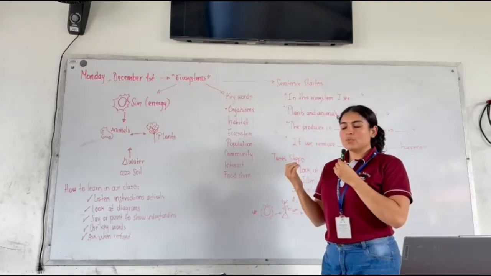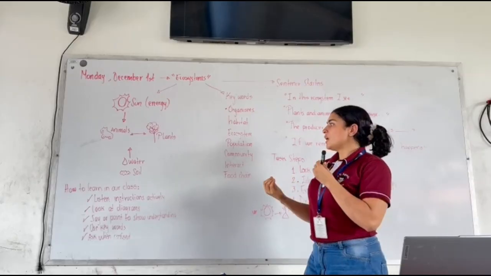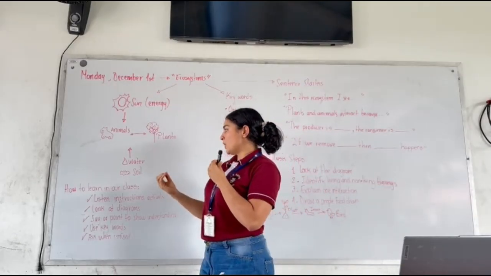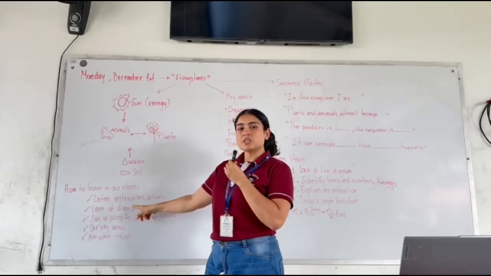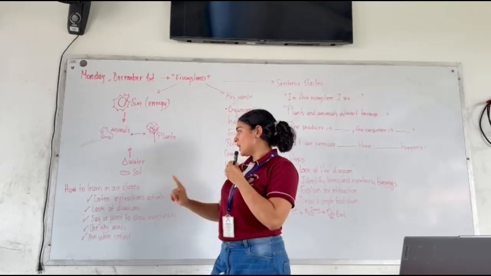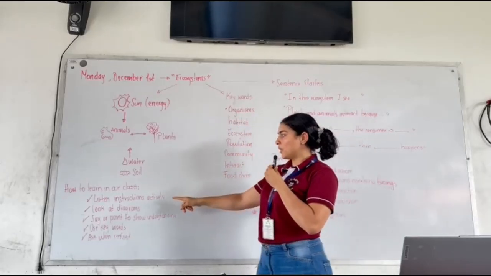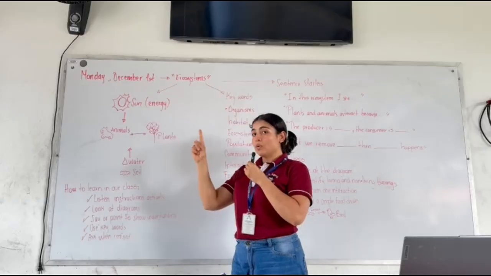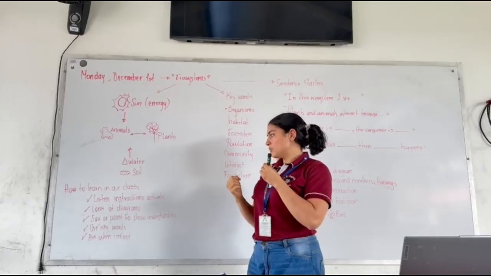Okay, so remember, to achieve the learning in this class, you have to listen to instructions actively. You have to look at the diagrams the teacher draws here on the whiteboard, and say or point to show understanding and comprehension.